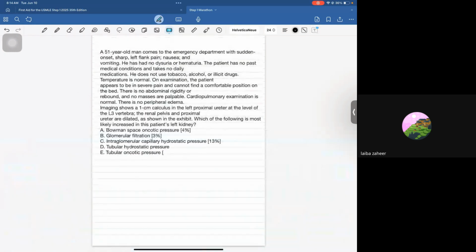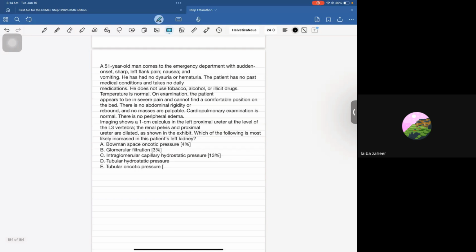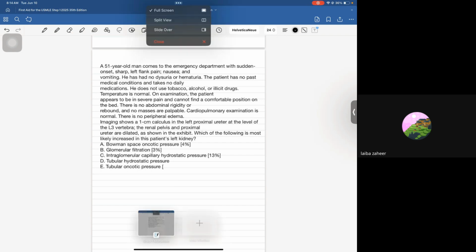That was in UWorld. Okay, guys, can you look at this? I'm not sure if it was this one, but it was a case of acute ureter obstruction. Yes, I think this was the question. So, guys, first of all, can all of you read this question and tell me what you think the diagnosis would be?